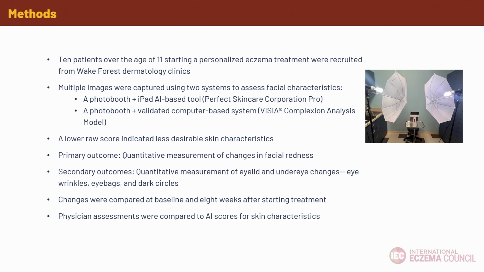And then these changes for the characteristics we chose were compared at baseline and then 8 weeks after initiating treatment. In addition, we also performed separate physician assessments for the same characteristics during the clinic visits, and then compared these scores to the scores produced by the Perfect AI.